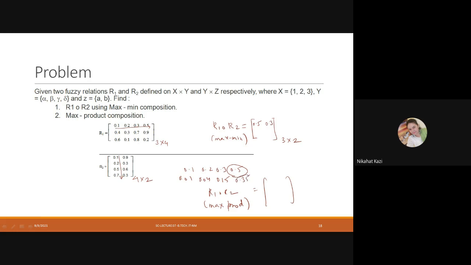Right? Which is the max? 0.35. Is this clear? Max min and max product.